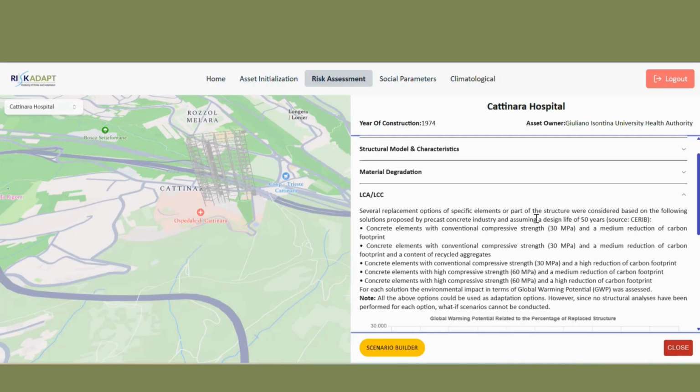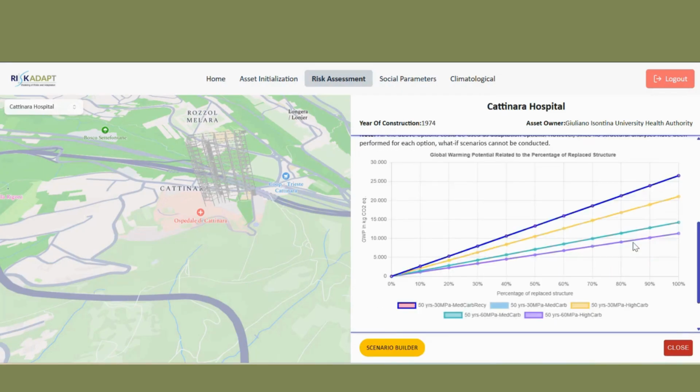So based on that, you can use different strengths of concrete with different impacts on carbon footprint, etc. You can end up with graphs, and in this case, in the platform, we were provided with the global warming potential in kilograms of carbon dioxide equivalent for various levels of percentage of replacement of the structure.